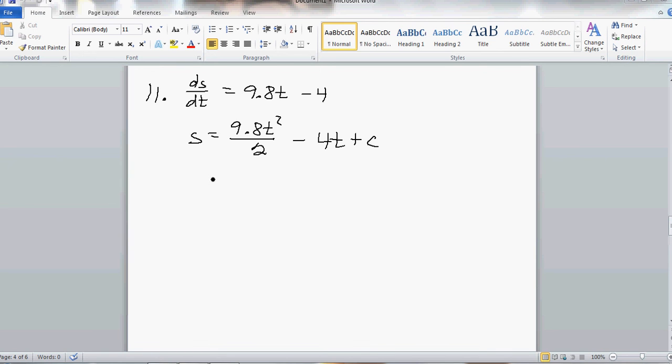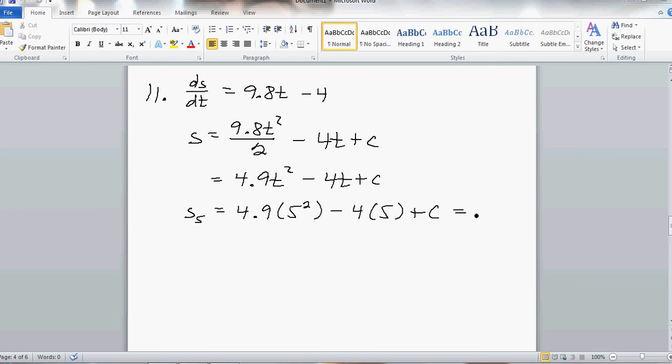And so this would equal 4.9 t squared minus 4t plus c. Now we are told that s equals 5 whenever t equals 0. So if I would put S of 5, that would be 4.9 times 5 squared minus 4 times 5 plus C, and I'm doing that exactly wrong.